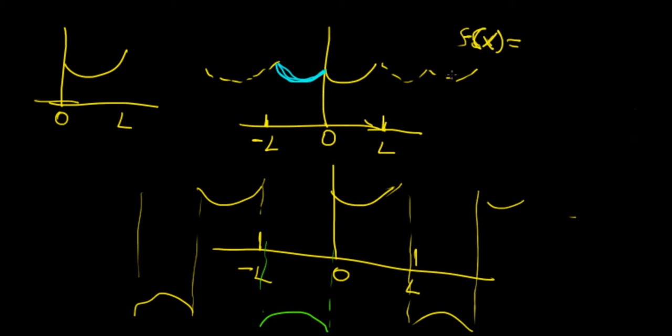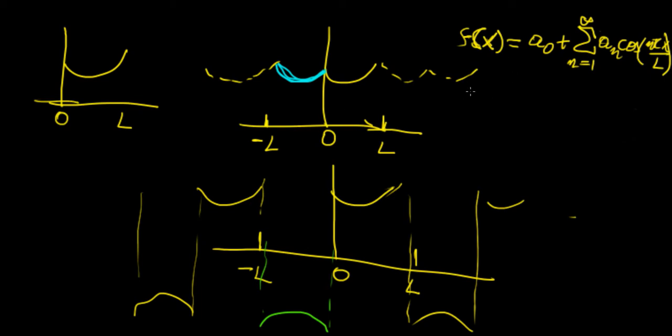So what I mean by that is that if we choose an even series, it's going to have a naught plus our old friend an cosine n pi x over L. Because we know that for an even function, our sine term or bn coefficient is just going to be 0. So this is what we're going to have.